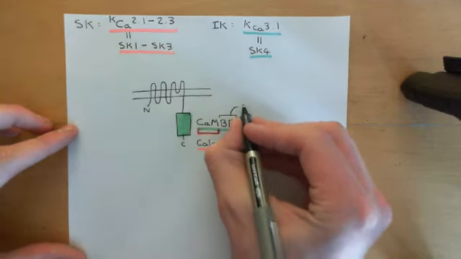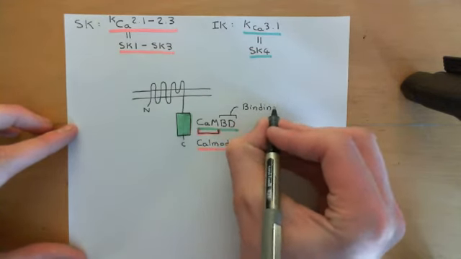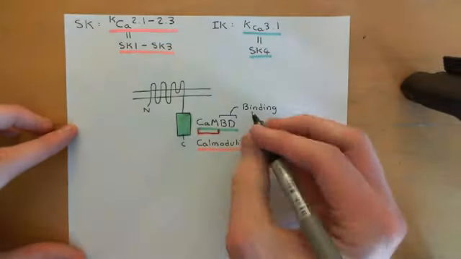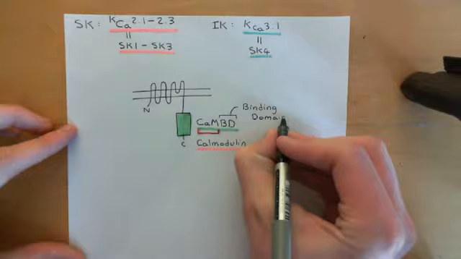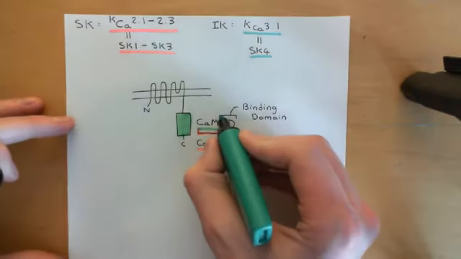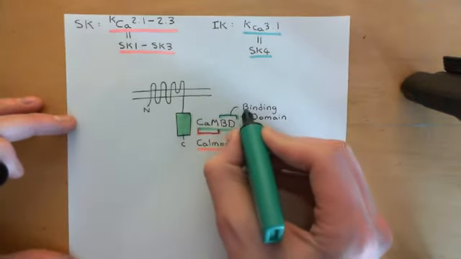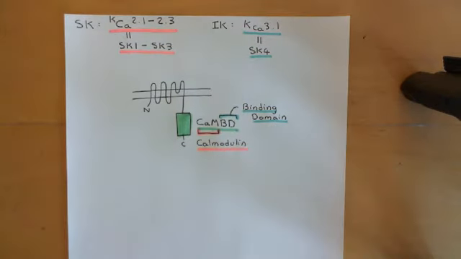We'll see that it binds apocalmodulin even before calcium has gone up in the cytoplasm, and how when calcium does go up in the cytoplasm, that causes the apocalmodulin to turn into a calcium-calmodulin complex, and then it leads to the opening of the SK or IK calcium-gated potassium channel, but we'll come on to that in much more detail.